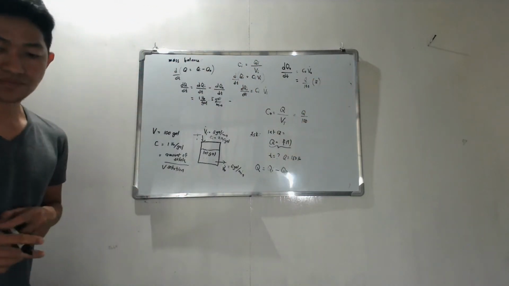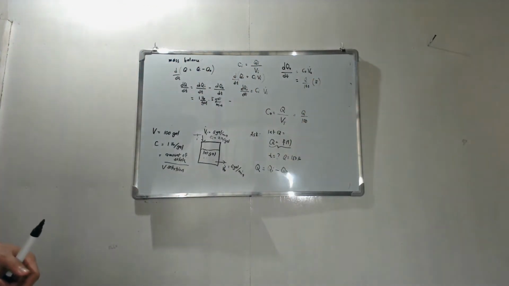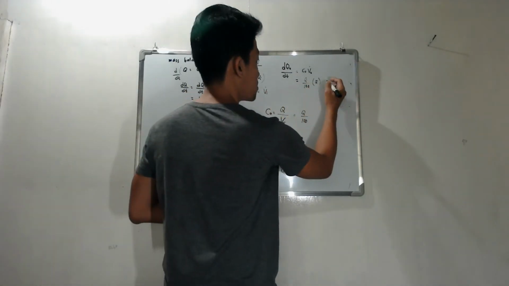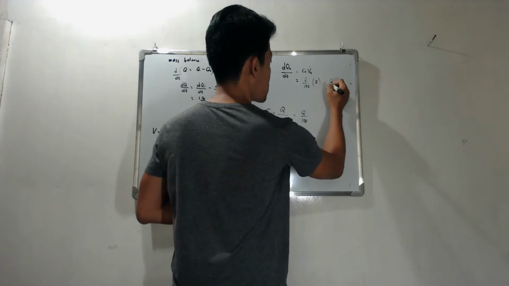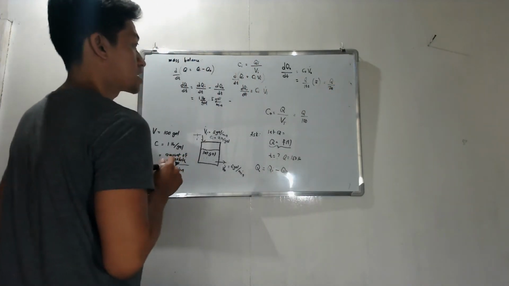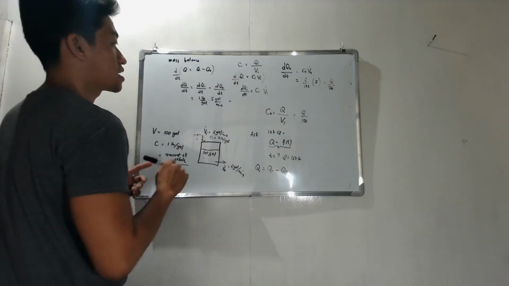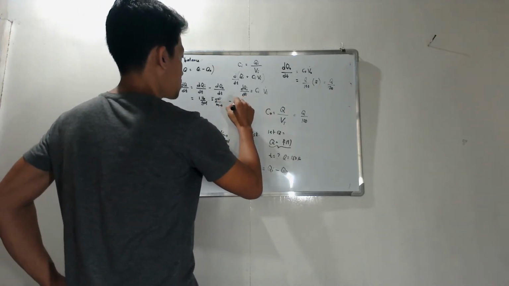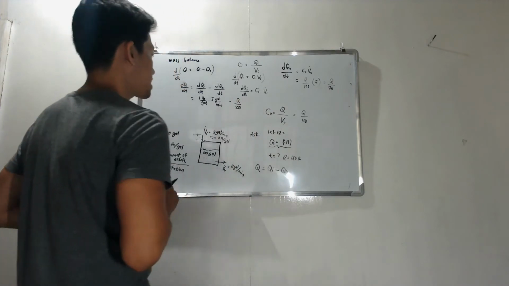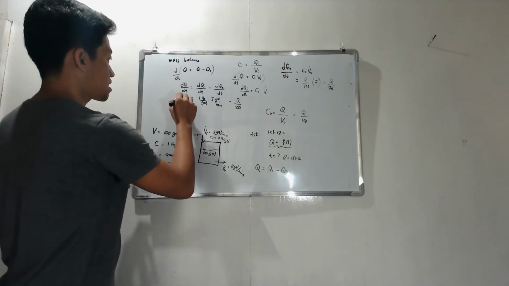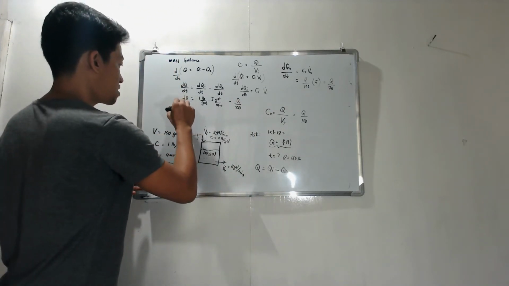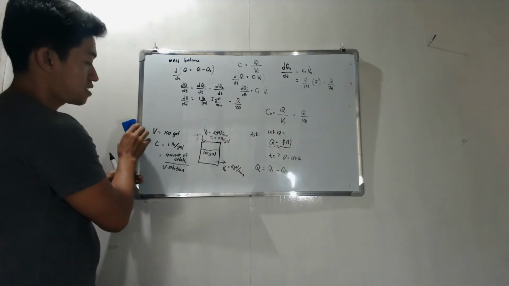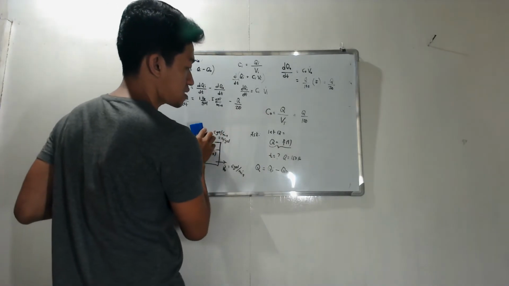Okay? This is equal to Q over 20. Right? So minus Q over 20. I'll now erase this one.